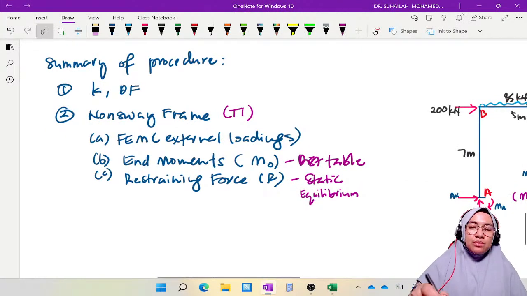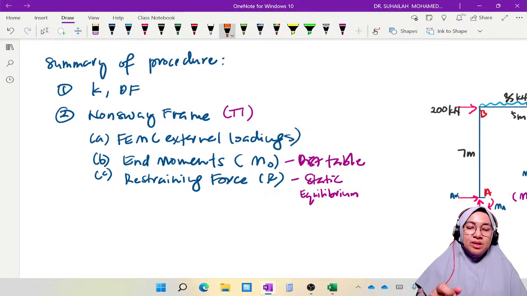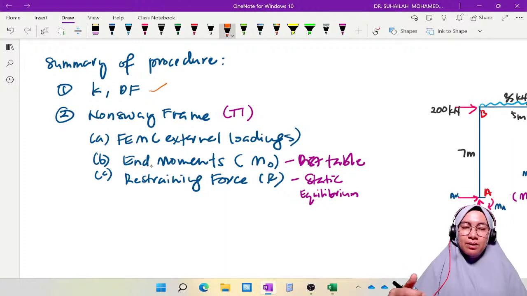So in step number 2, summary of the procedure, we have done K and DF in the table, and K and DF will be used in both table 1 and table number 2. Then we have analyzed the non-sway frame. We have table number 1. Just now I calculated the end moment due to external loading only, where FEM we calculate from W, which is subjected along member BC.